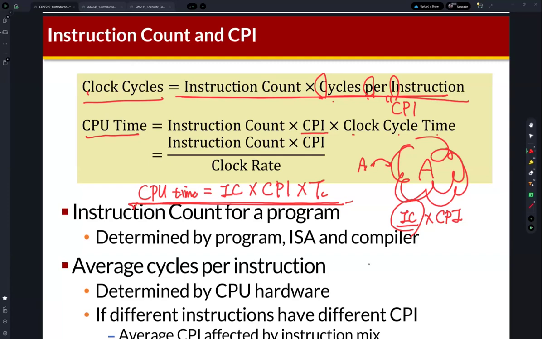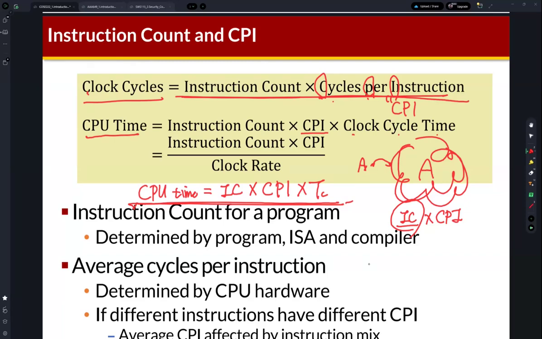This is important, so you need to memorize it: IC multiplied by CPI multiplied by TC, the basic equation for measuring response time or CPU time.